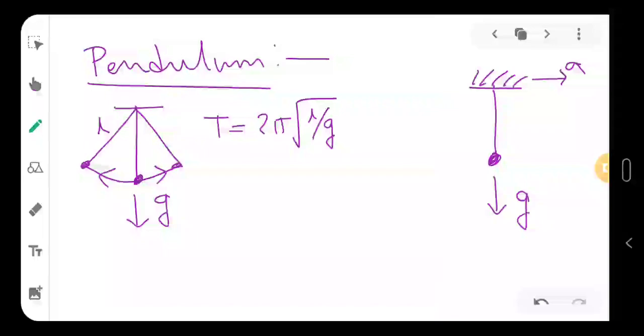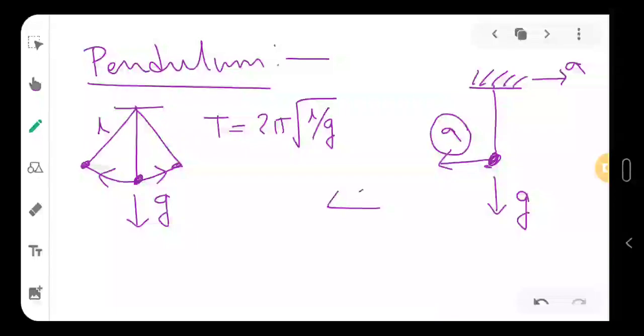So there are two accelerations working right now. Because of inertia, the pendulum will have a tendency to stay in the same position. As a result, the inertial acceleration a will act on the pendulum, because the floor itself is moving in a different direction with acceleration a.